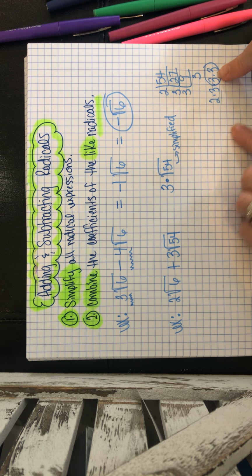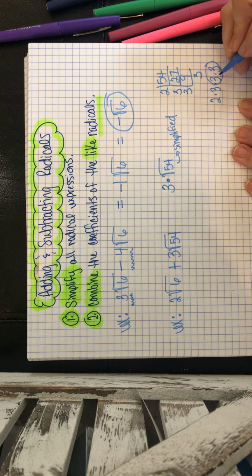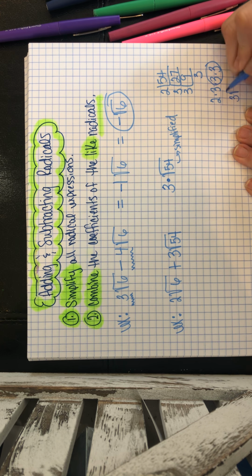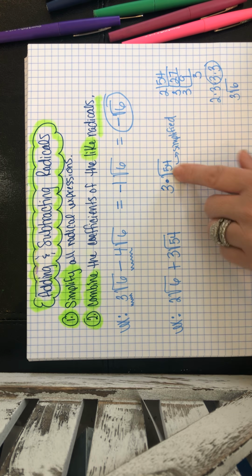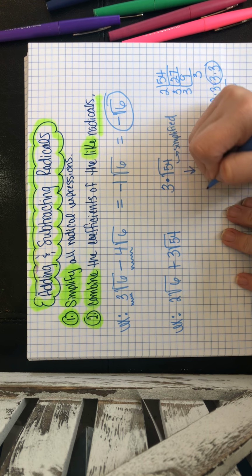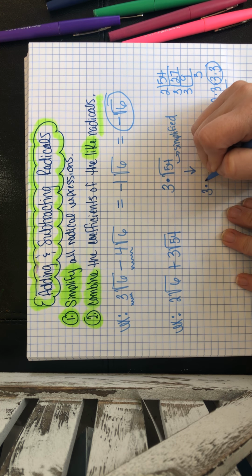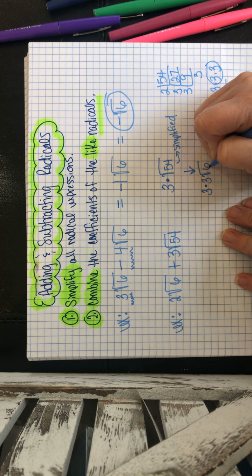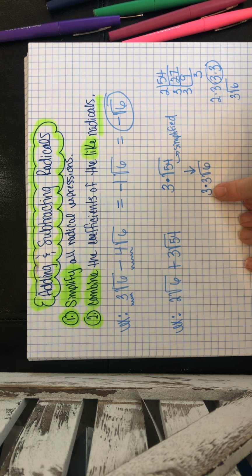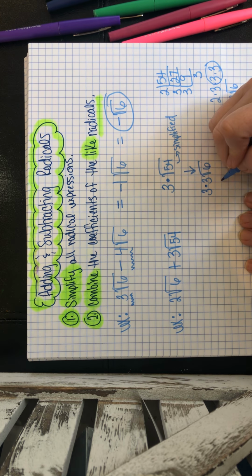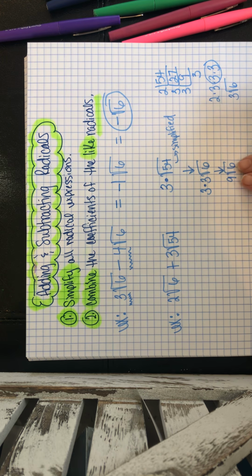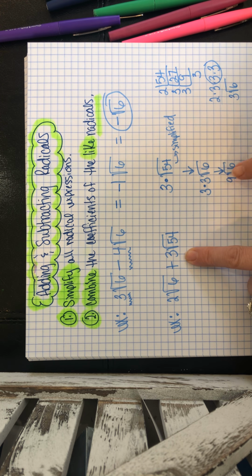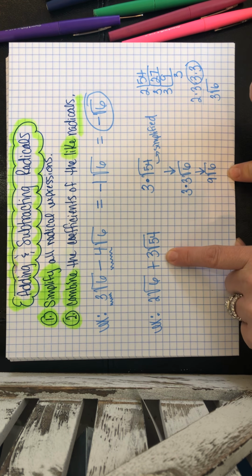So this right here simplifies down to 3 root 6. So this right here tells me that I have to do 3 times 3 root 6. So 3 times 3 is going to give us 9 root 6. So we're using this in place of this. That's it. We just wrote it in a different way. So that's all that we did.